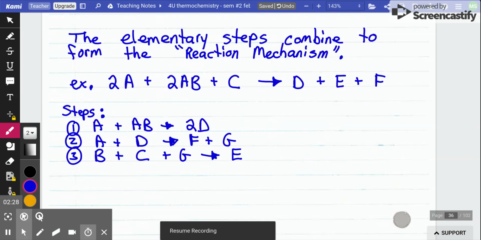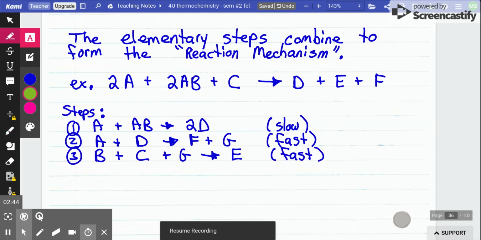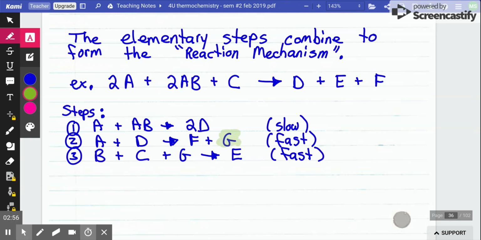So there's 3 elementary steps for this reaction mechanism. The first step is very slow occurring. The next elementary step occurs much faster, and the third one also occurs quite quickly. If you take a look at our elementary steps, in elementary step 2, G is created as a product, but then that G is consumed down here in elementary step 3.